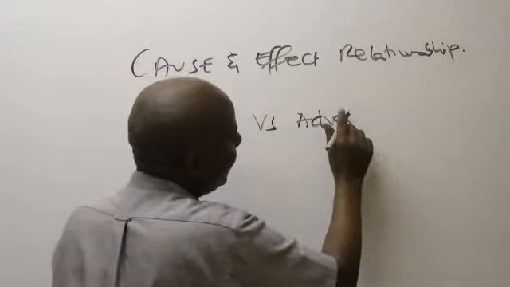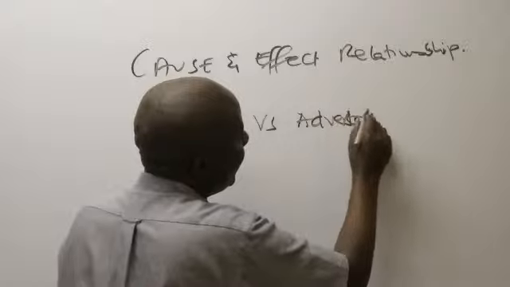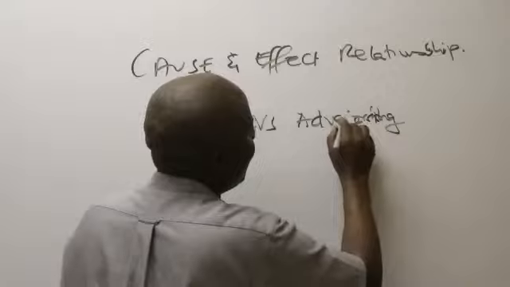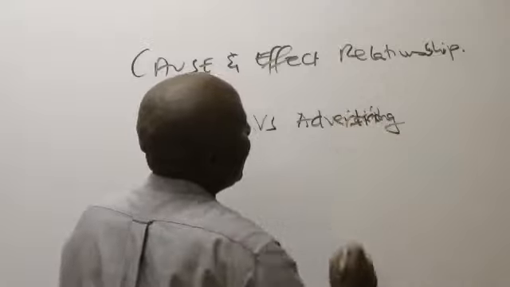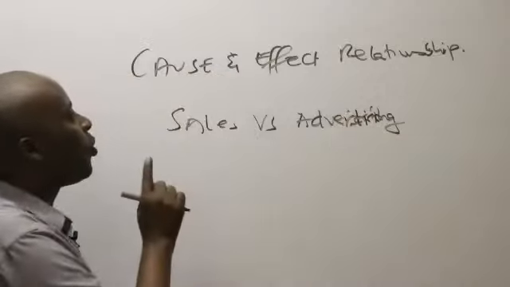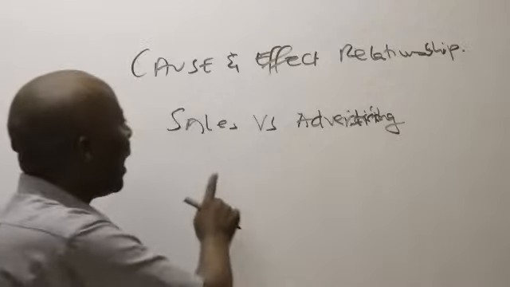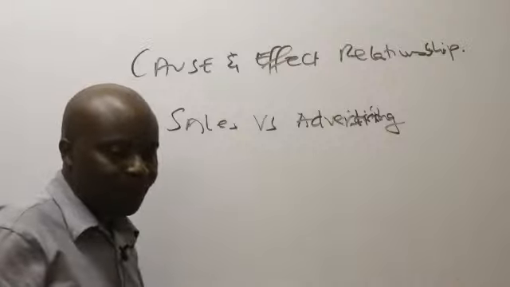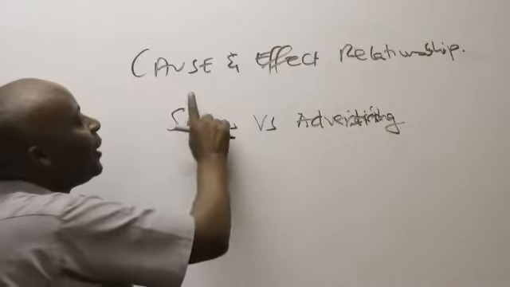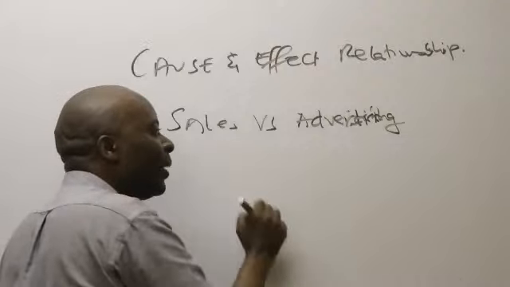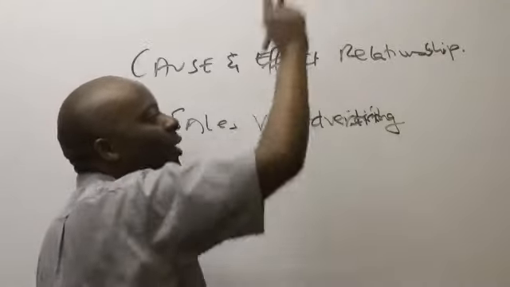Sales and advertising have what we call a causal relationship. If I advertise more, I expect to sell more. So in management, ladies and gentlemen, if I have effective management, I expect my productivity to go up.